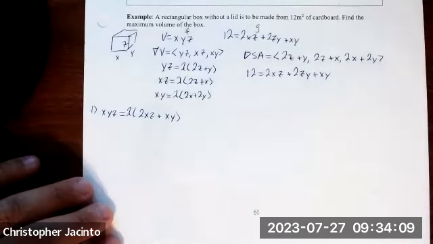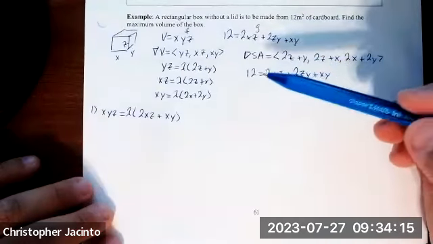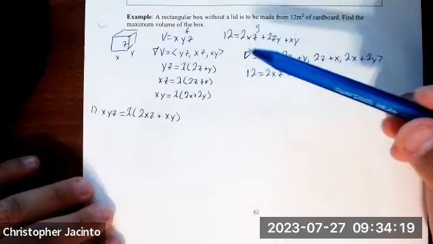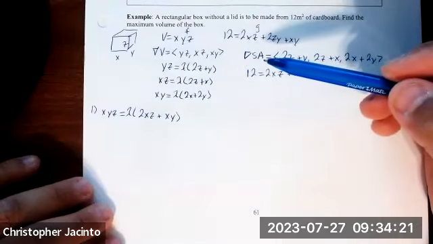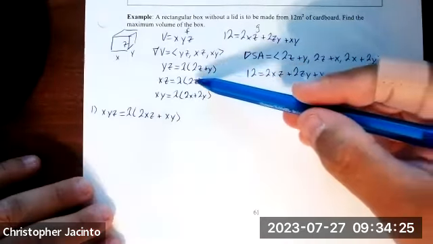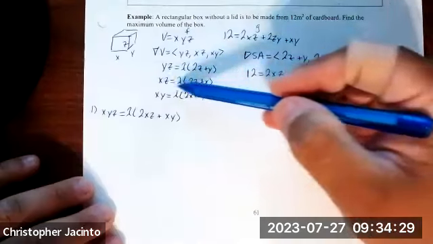Now I want to see if there's another one that looks very similar to what I have here. And it's this one. This was just missing a y, so I'm going to multiply everything by y.